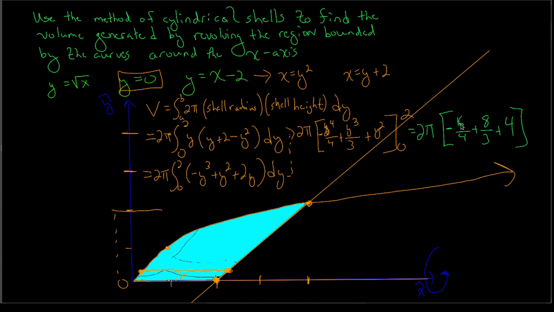Well, this is a negative 4 and a positive 4, so these cancel. And this becomes 16 over 3 pi as the volume for this region rotated around the x-axis.